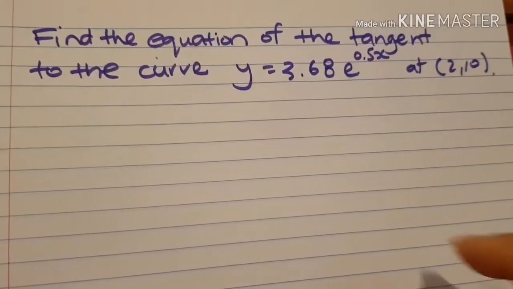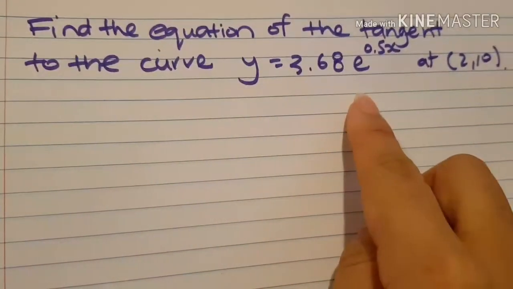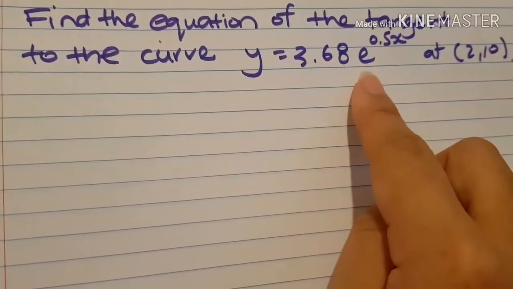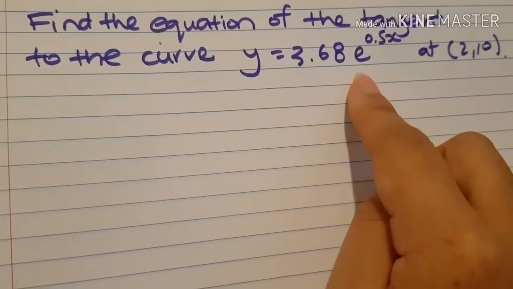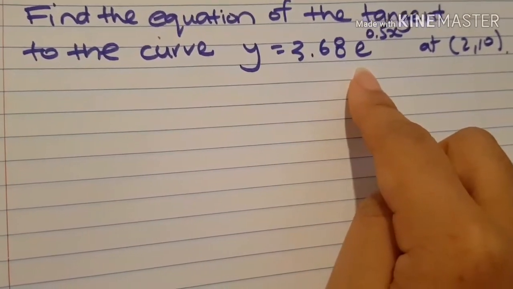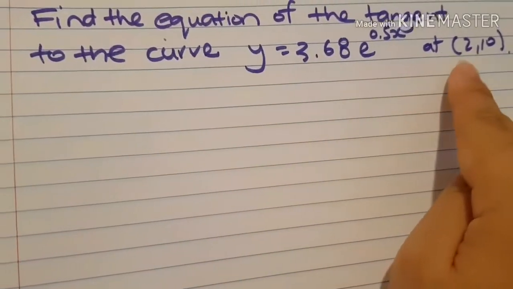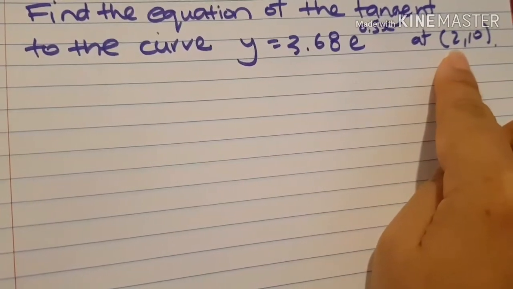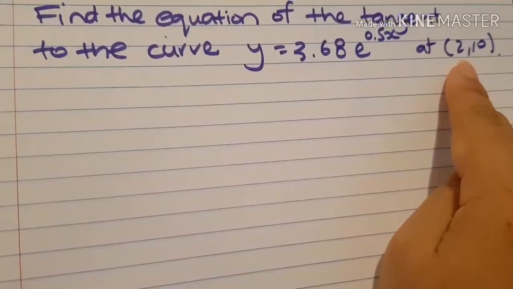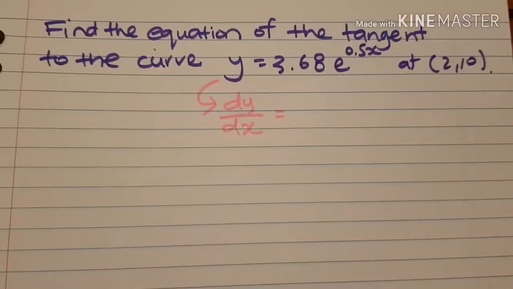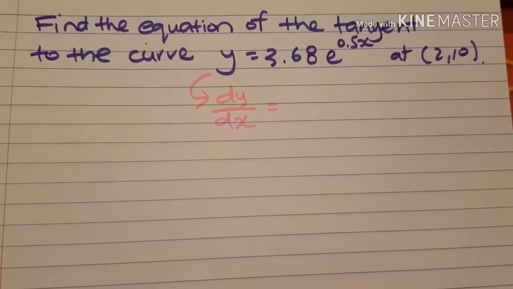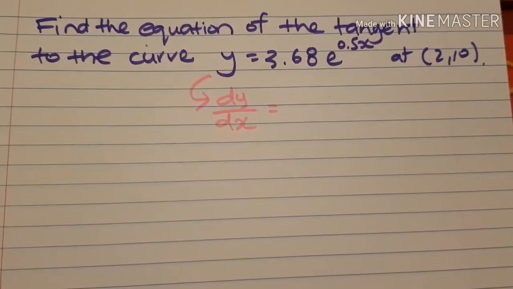Okay, this time I'm gonna have a go at doing another question that has exponential in it. Okay, so it says find the gradient of the tangent of this curve when x is 2. Okay, and this is the coordinate that's on the curve. Right, so first of all, I need to find the differential of this equation.